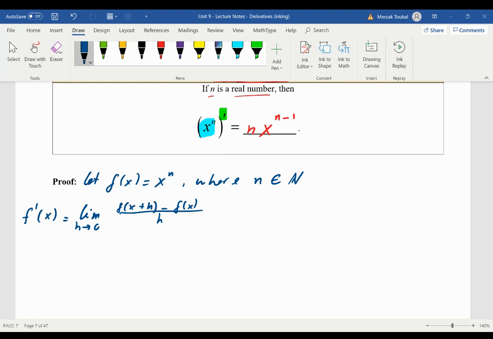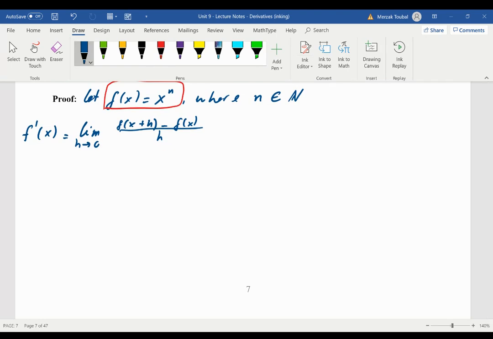Now, what is f of x? f of x is x to the power of n. So when I substitute, this is going to be the limit of x plus h to the power of n, which is f of x plus h, minus f of x.